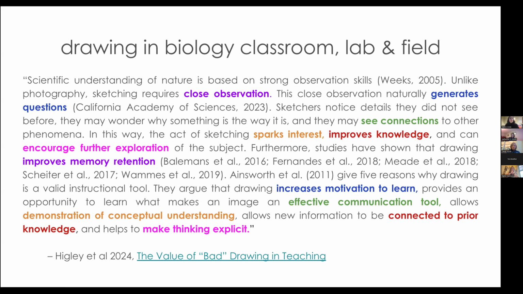But it is helpful for you, and helpful when you're making an argument to your department head for why you need to buy these colored pencils, to have some data about why drawing is effective in the classroom. Primarily, observational drawing is one of the best ways to get students to slow down and look, especially now when we're all on our devices.